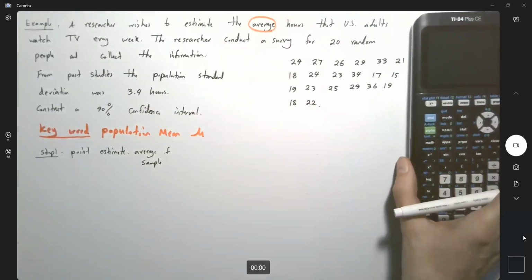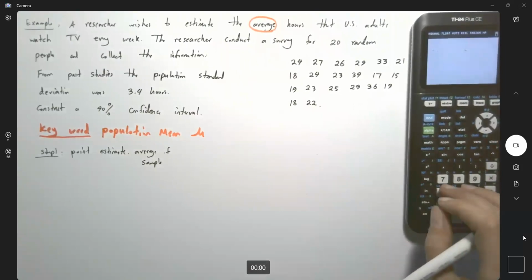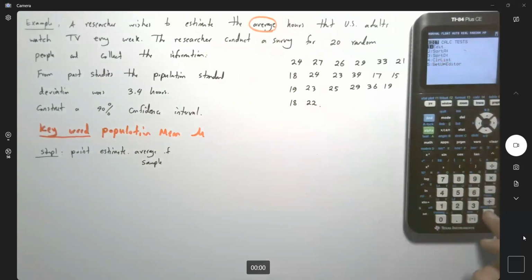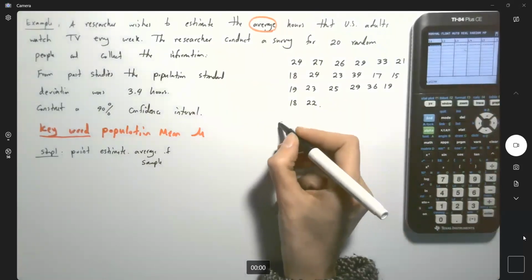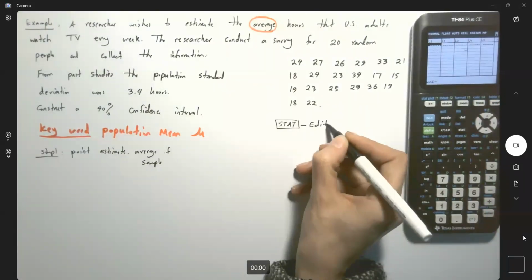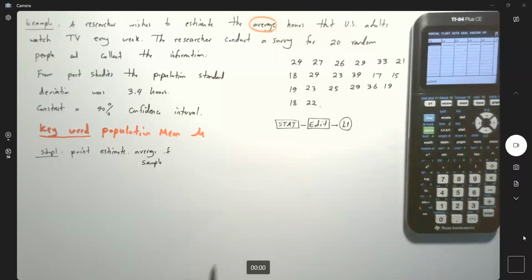So let us enter the data into our calculator. Turn on the calculator. Let us go to Stat, Edit.